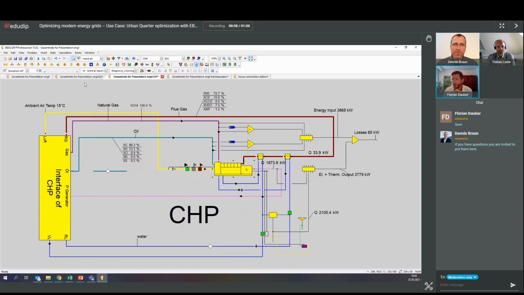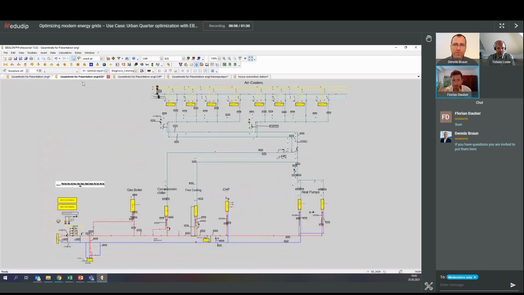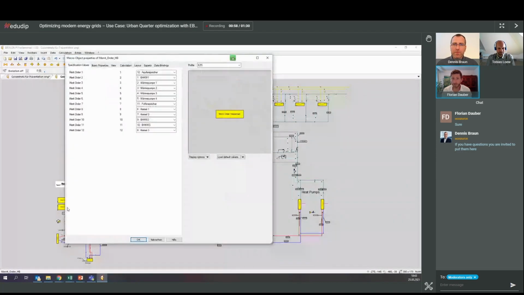And the goal in this project was to get it as user-friendly as possible, to get a customer on the other side who has to work with this simulation every day. We've done this via those macros where he can choose his own merit order.